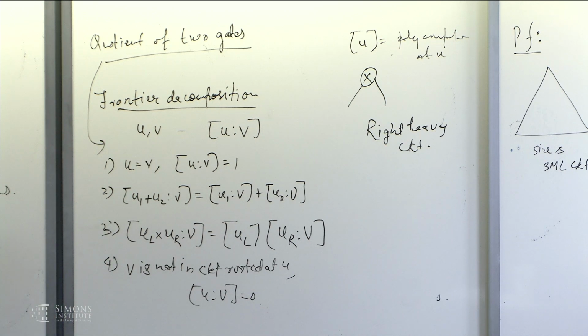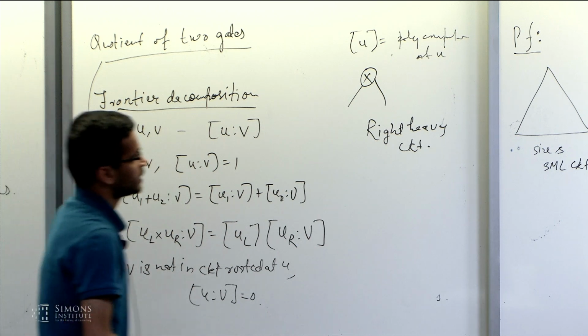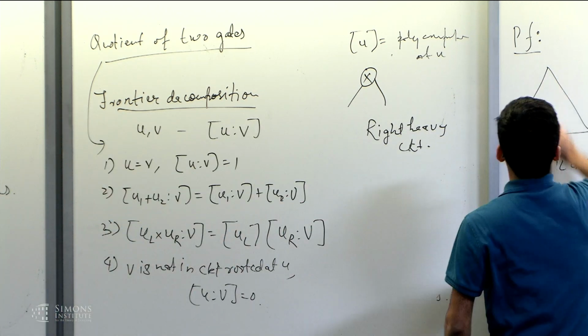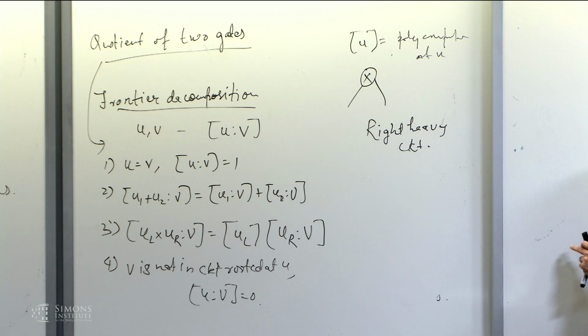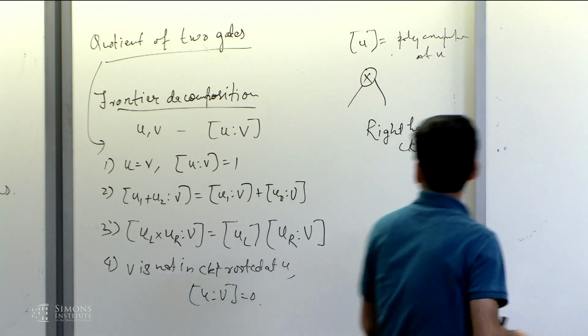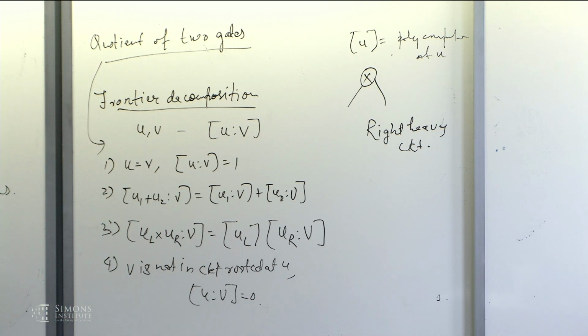Okay, so this is a definition, and the reason this comes in handy is the following. In the balanced circuit that is eventually constructed, you will have a gate for all the gates in the original circuit and all the quotients of two possible gates. So for all pairs u and v, there's a gate which computes the quotient of u and v.